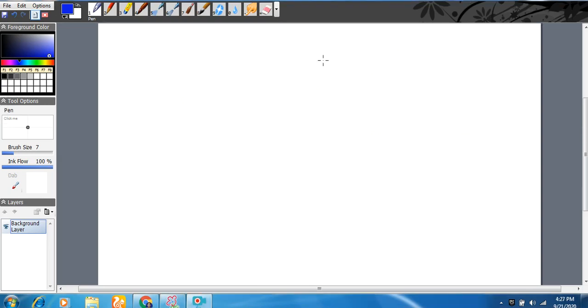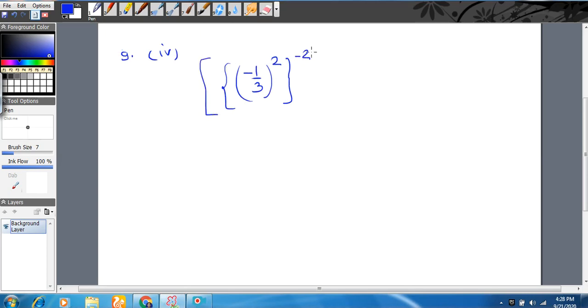Okay, so the fourth part is also important, ninth question, fourth part. This is a very interesting question. Okay, minus 1 upon 3 whole power 2, again the exponent is minus 2 and again the exponent is minus 1.